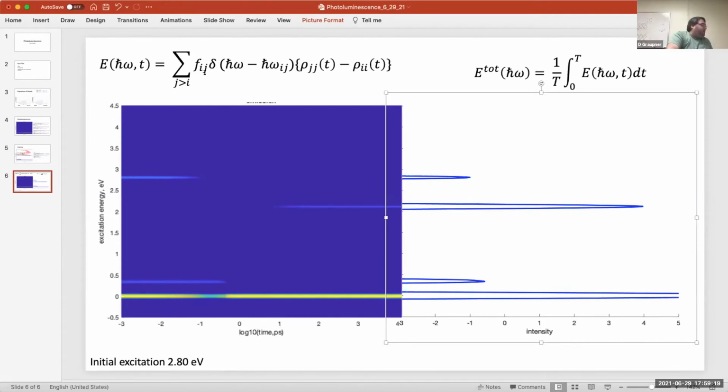So this Fij is our oscillator strength. Yeah. The delta, this is the delta function comparing the energy of the orbitals. This is the delta function looking at actively populated orbitals, something like that.